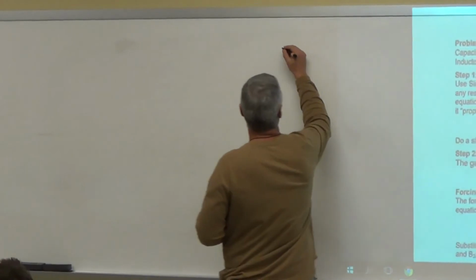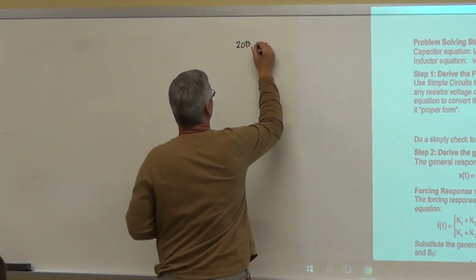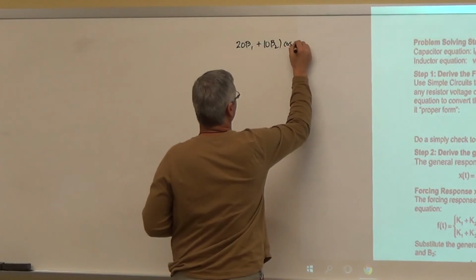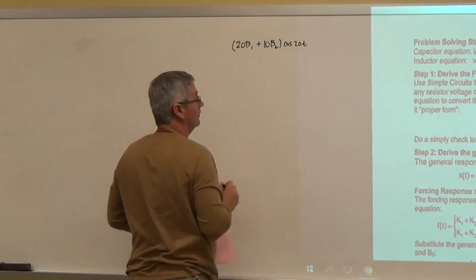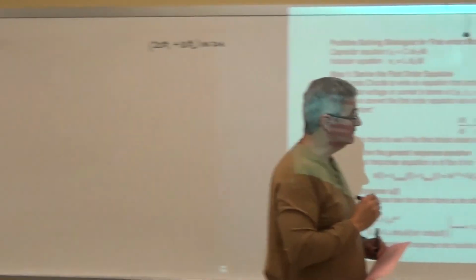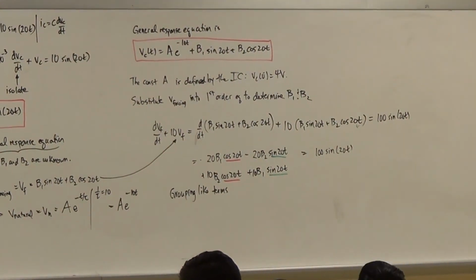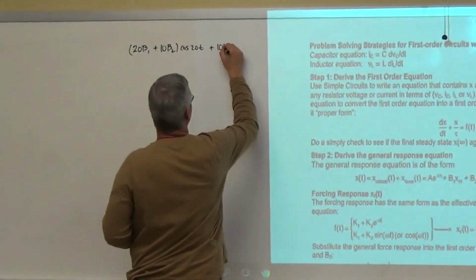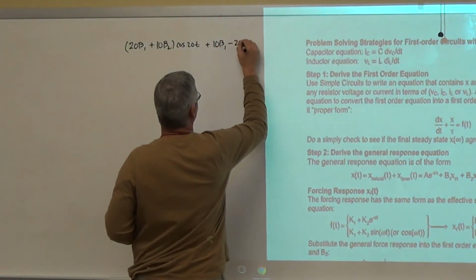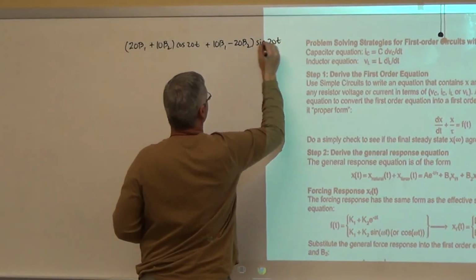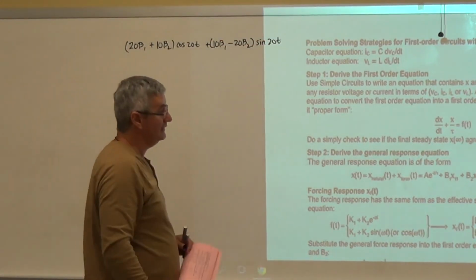So I'm going to get 20b1 plus 10b2 cosine of 20t. Right? That looks good to me. And then I'm going to factor out that sine here, and I'm going to get plus 10b1 minus 20b2 sine of 20t. Right, I think that's good.